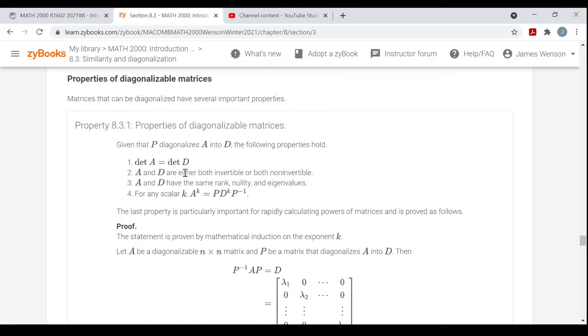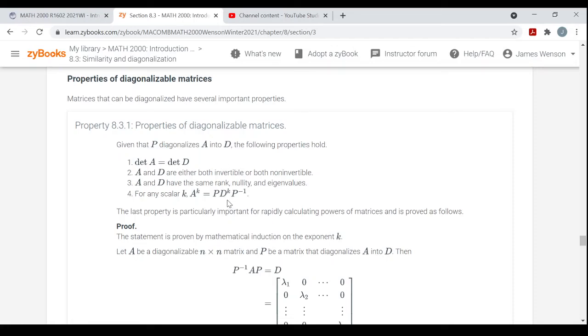Similar matrices are either both invertible or both non-invertible, and that's because they have the same determinant. Similar matrices have the same rank, the same nullity, the same eigenvalues. So these first three properties they're mentioning here hold simply because A and this diagonal matrix are similar.